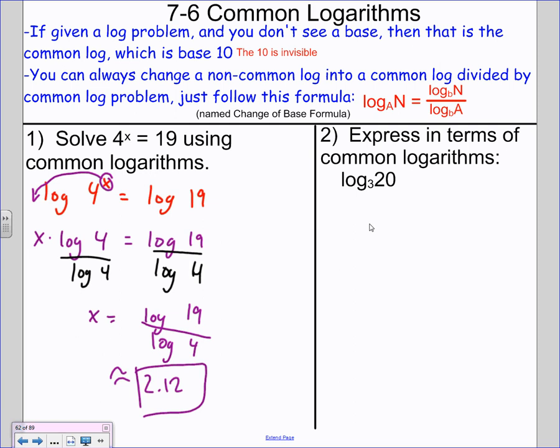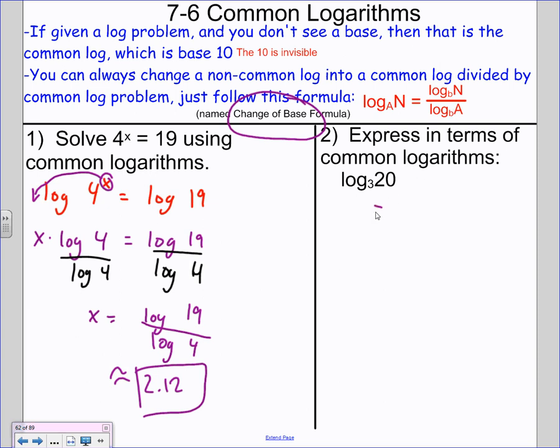Number 2, express in terms of common logarithms. So we're going to use the change of base formula, which is up here. The change of base formula can be used for any base number, as long as the base number is the same, but we're going to use common log.